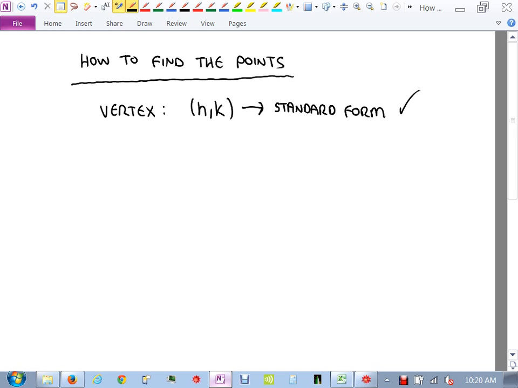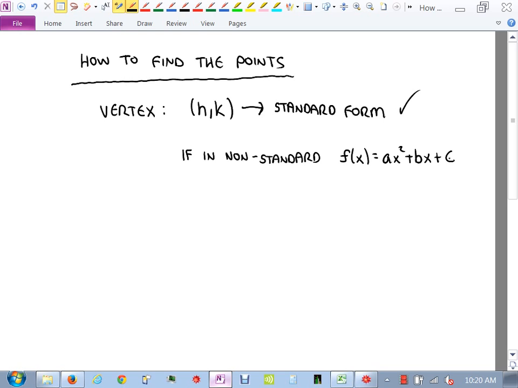If it's in non-standard form, here's what we'll have to do. What does non-standard mean again? Let me write it down here. f(x) equals ax squared plus bx plus c. If it's in non-standard form, then to get h and k, we have two options.